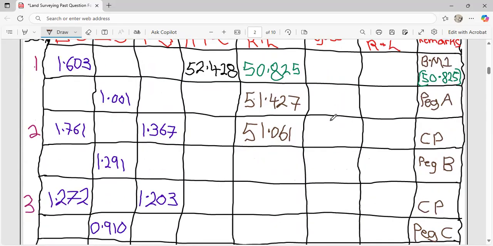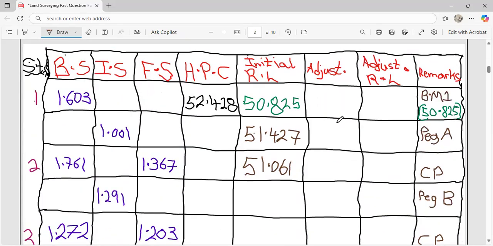Okay, so that implies that our initial reduced level over here is what? 51.061 plus the backside, which is what? 1.761. At the end of the day, what are we going to get? We are going to get 52.822.